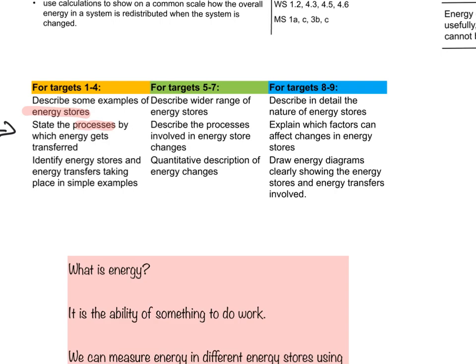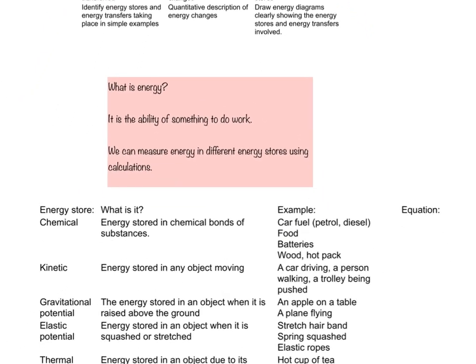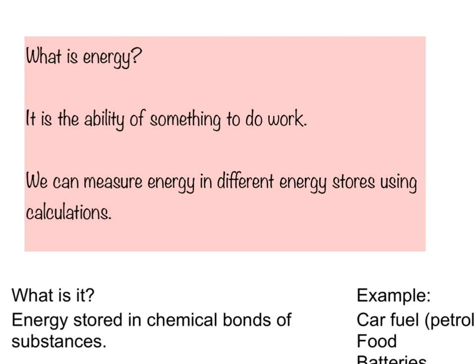To begin with, let's start with what is energy. Now, energy is the ability of something to do work, meaning if there was no energy somewhere, then there will be no ability to do anything. There will be no ability to do work. We can measure energy in different energy stores using calculations, which we will get to through this video.